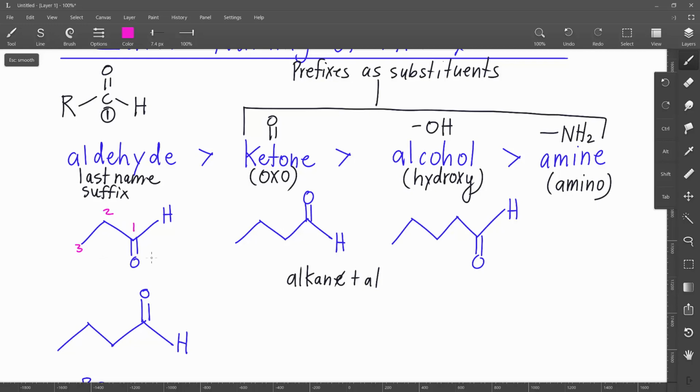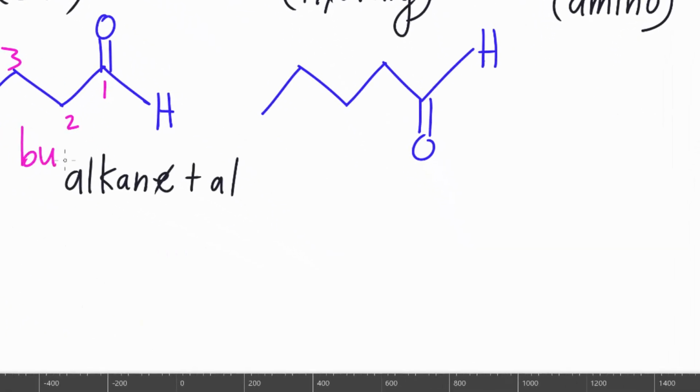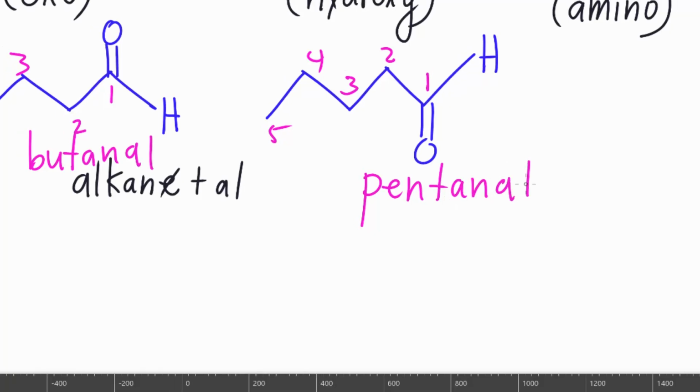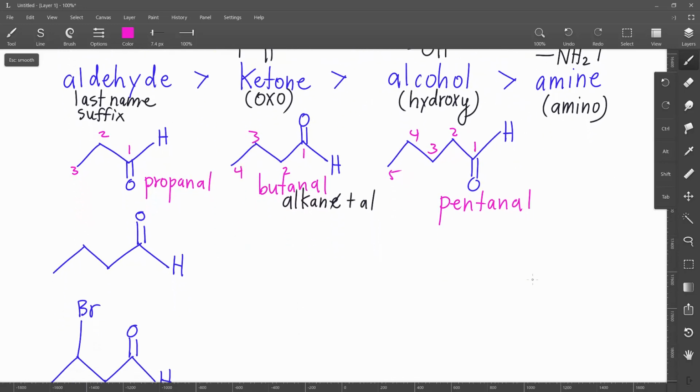This would be propanal. This is 1, 2, 3, 4. This would be butanal. This is 1, 2, 3, 4, 5. This would be pentanal. Okay, and we can go on: hexanal, heptanal.